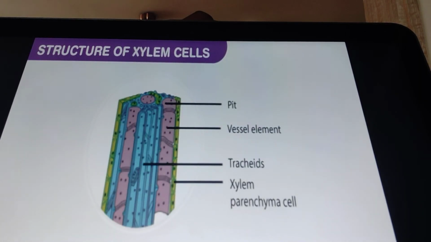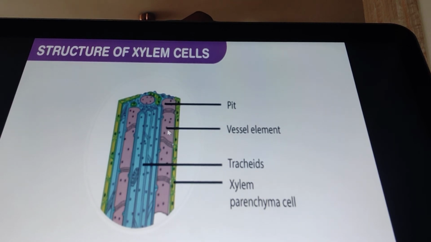Here you can see the diagram. Children, here you can see the different structures of cells. Here you can see a vessel element, which conducts the water and minerals and transports them to all parts of the plant body. Here you can see the tracheids.